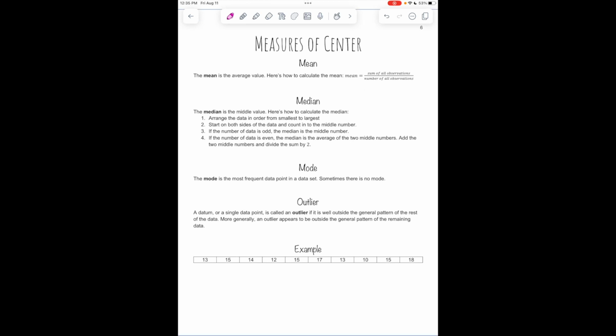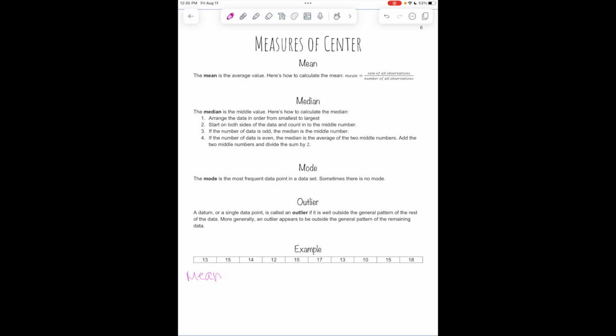So we're going to look at this data as an example. We're going to find our mean, median, and mode. First up, we're going to add up all of our data to find our mean. So 13 plus 15 plus 14 plus 12 plus 15 plus 17 plus 13 plus 10 plus 15 plus 18.